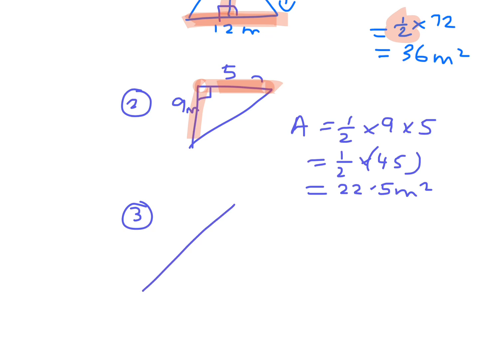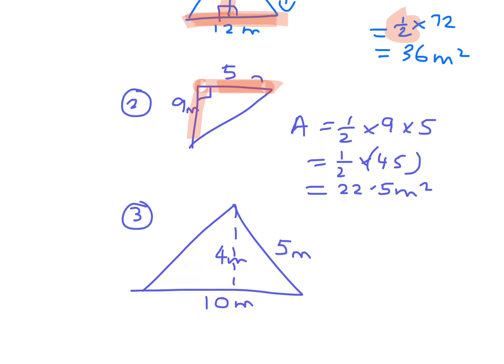Okay, so make sure that when you are doing the area, you are doing the base and the height. So let's say that was 5, and this was 4, and this was, say, 10 meters.